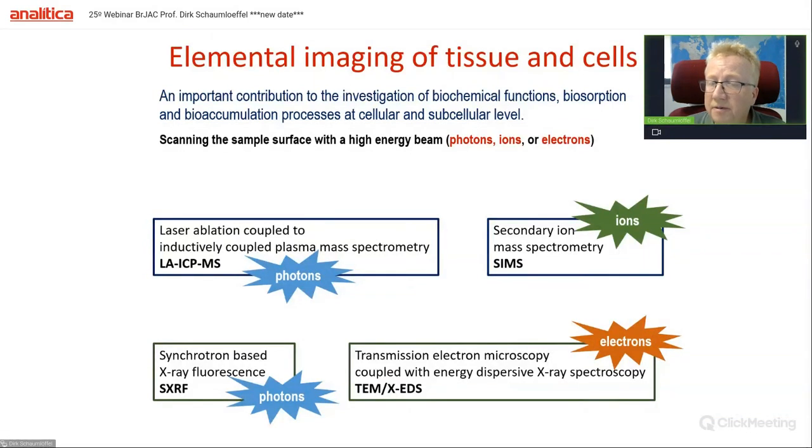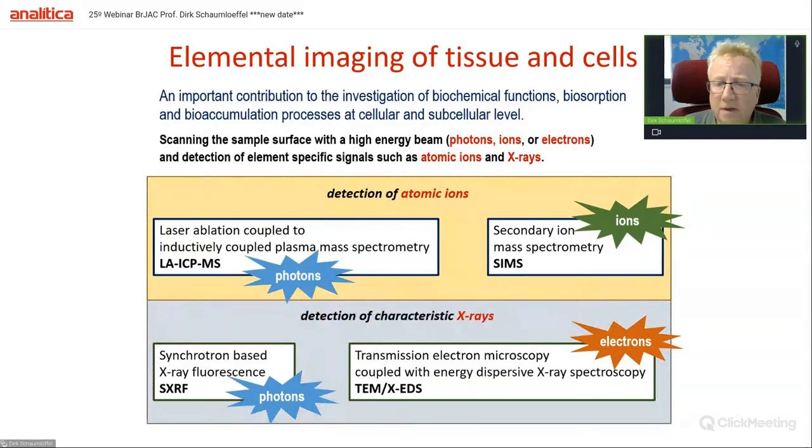In secondary ion mass spectrometry, we will talk about this later, there are ions used for scanning the surface. In X-ray fluorescence or synchrotron-based X-ray fluorescence, there are photons used. And in electron microscopy, I already mentioned that we are using electrons. They are either used for scanning, there are scanning techniques, or also simply the transmission of the sample.